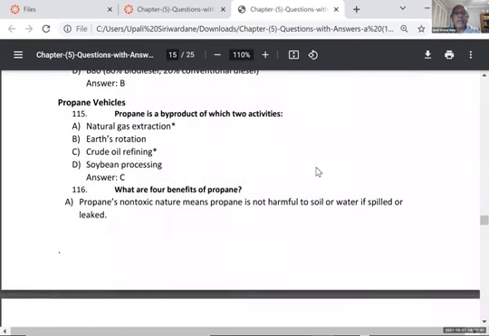Propane vehicle. Propane is a byproduct of two activities: natural gas processing and crude oil refining. It's mainly crude oil refining.